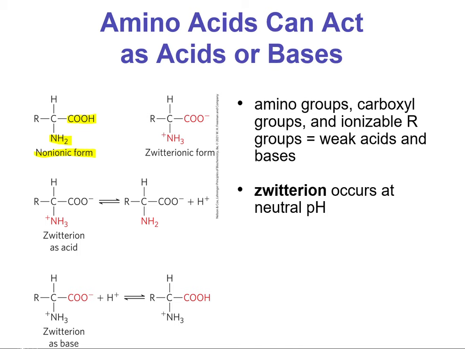The Zwitter ion form, we've gained a hydrogen here, and we've lost a hydrogen here.